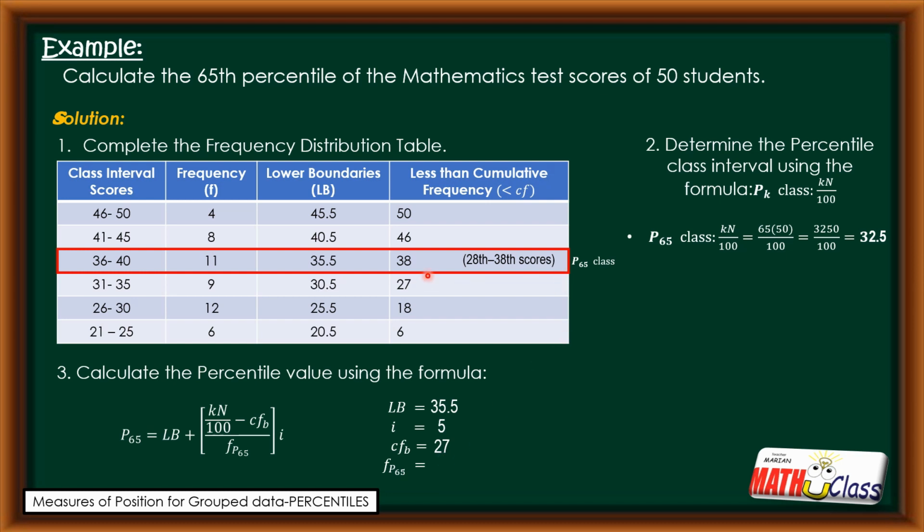Since the cumulative frequency of the P65 class is 38, the cumulative frequency before 38 is 27. That's why CF sub B is equal to 27. Lastly is the F sub P65, which is the frequency of the 65th percentile class. For the P65 class, the frequency is 11.